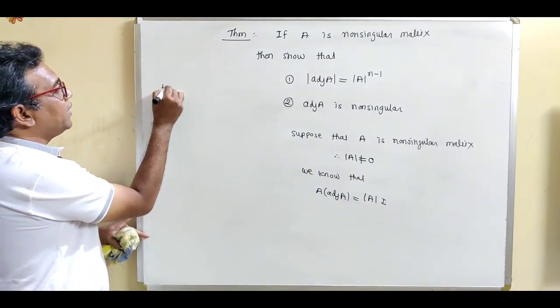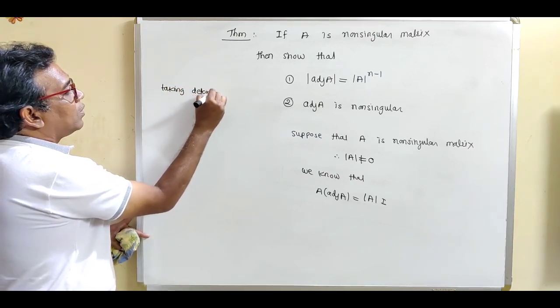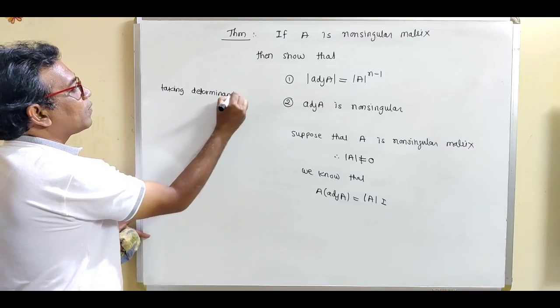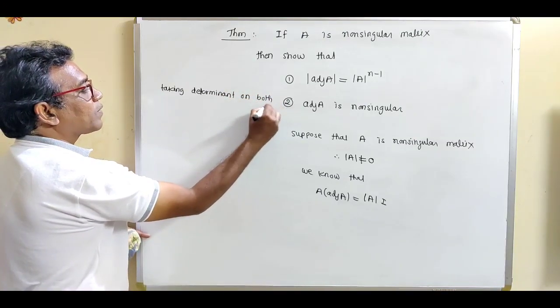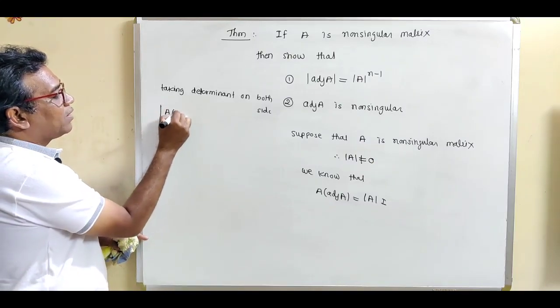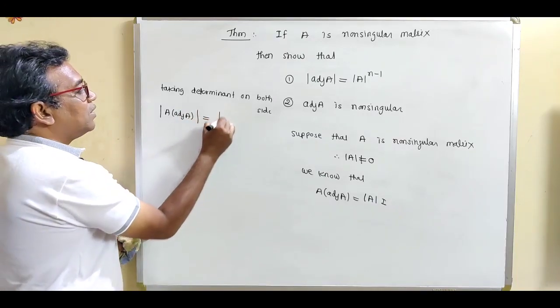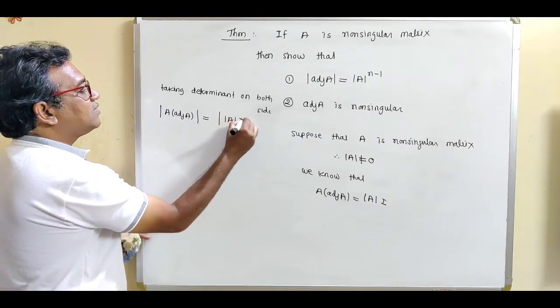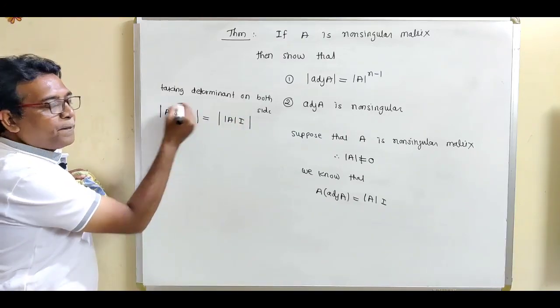So this is the left hand side, determinant of A into adjoint of A. This is equal to determinant of right hand side, determinant of determinant A into R. Now just separate this term.